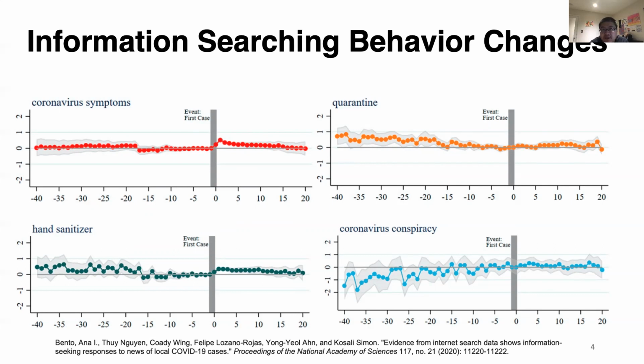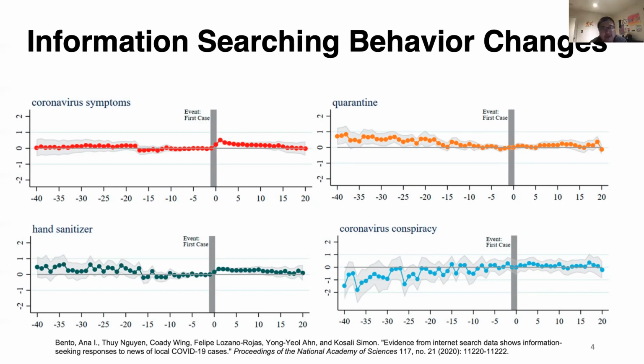Point estimated coefficients are dotted lines, and the gray band shows the 95% confidence interval in the Poisson models. The average search frequency per state per day for coronavirus symptom is about 8,500, hand sanitizer 3,200, quarantine about 2,200, and coronavirus conspiracy 200.